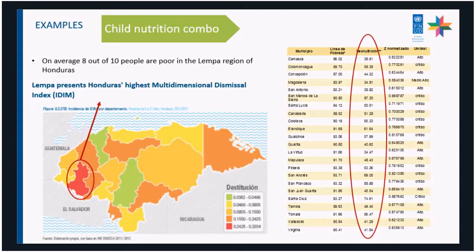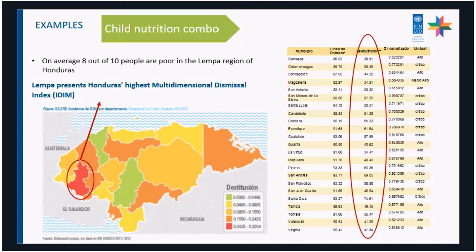So the intervention that we're putting together with the government and the UN agencies is a multidimensional intervention. It spans children's care, work with women's organizations, work with campesino and peasant organizations, and thinking about what we need to move the dial on multidimensional child nutrition.